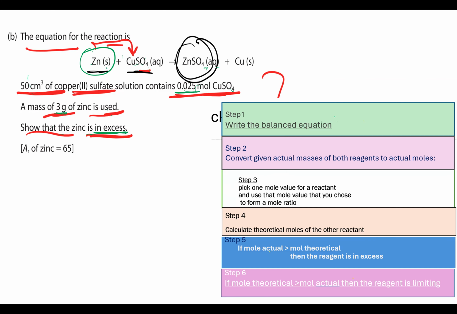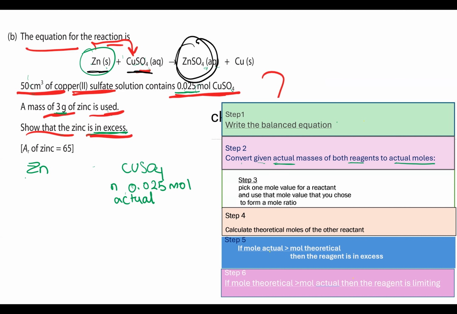Number 1, write your balanced equation. Number 2, convert the actual masses of both into actual moles. So you're going to write here for zinc, and then you're going to write here for CuSO4. In the question, we were given that the actual moles are 0.025 moles. So that is N actual, and it's already been defined for us.